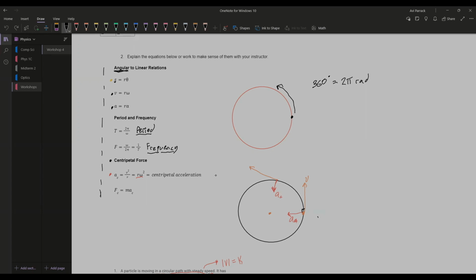And there's a relation to the linear quantities that you previously learned about, and it's related by the radius. So the displacement is the radius times the angular displacement. The velocity is the radius times the angular velocity. The acceleration is the radius times the angular acceleration.